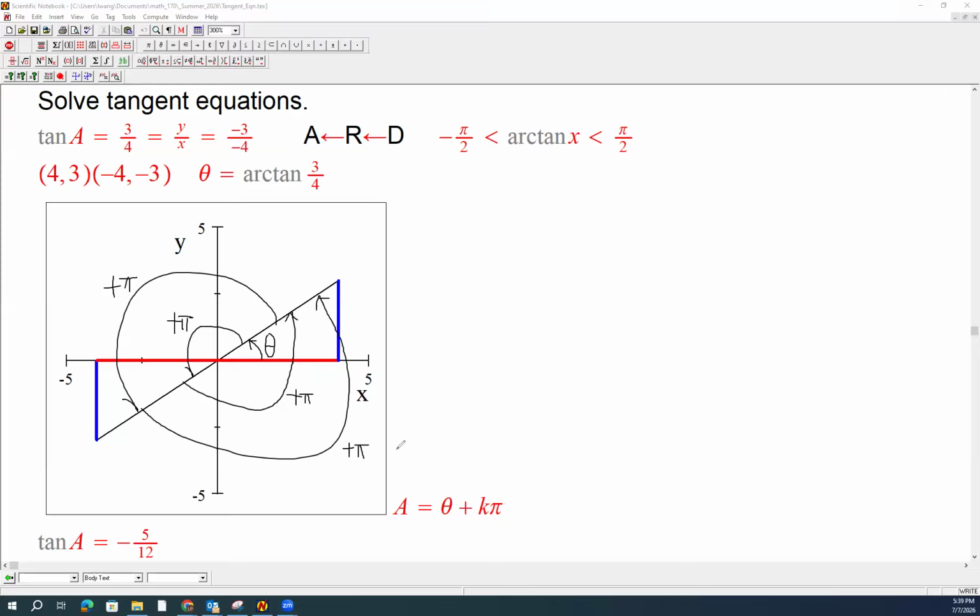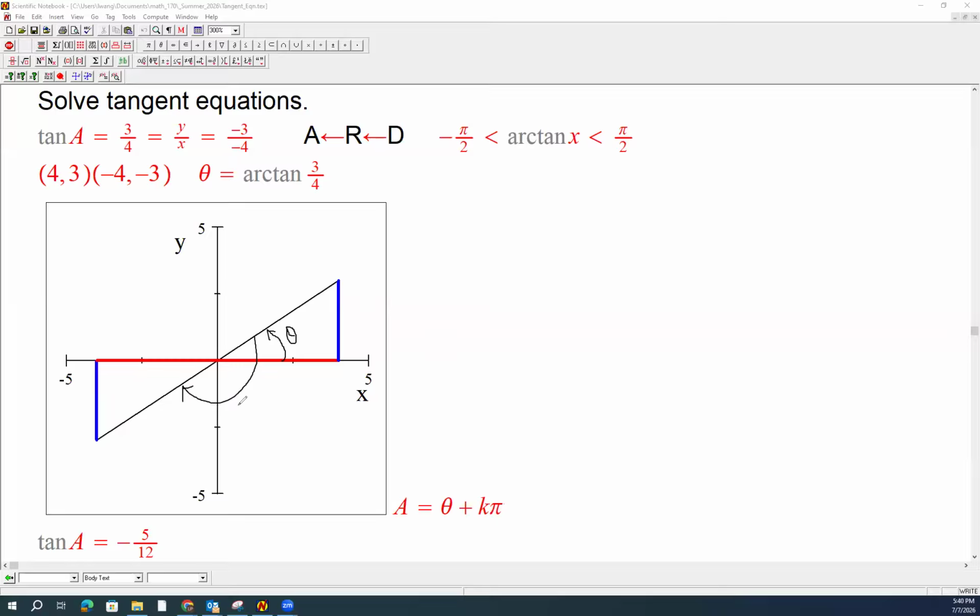Then you say, can I subtract pi? Of course you can subtract pi, right? Suppose I reach here, that's my theta. If from here I subtract pi, I get to the other terminal. Minus pi will work too. And from here, if I subtract another pi, this is going clockwise, and minus another pi.